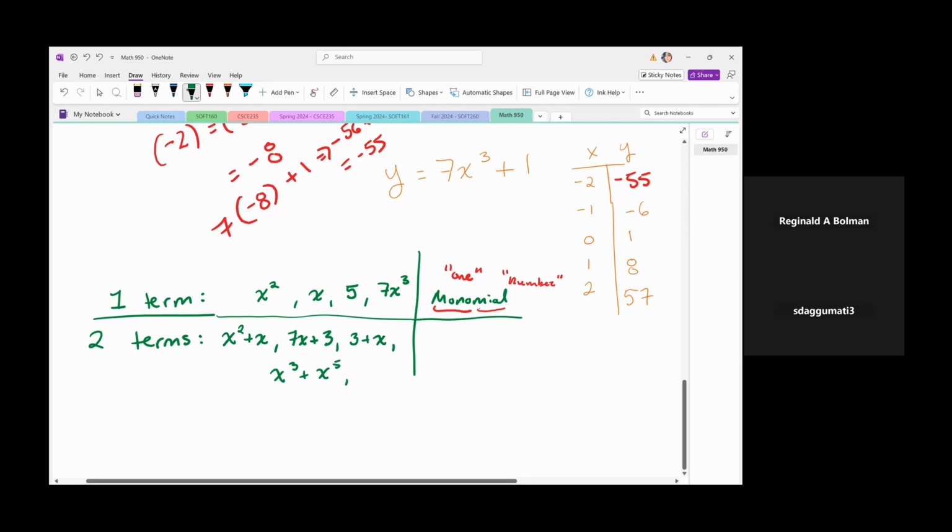Any situation where you have exactly two different terms that are independent from each other and cannot be added according to the like terms rule, this is what we call a binomial. Bi meaning two in Latin, and nomial, of course, simply meaning number, or polynomial.